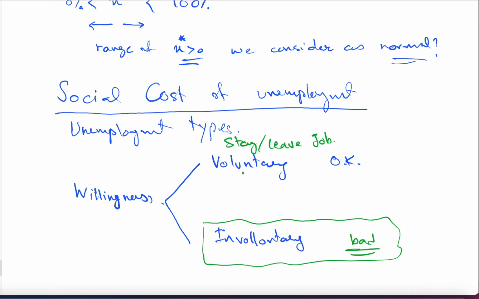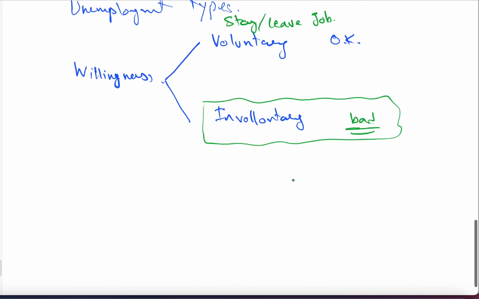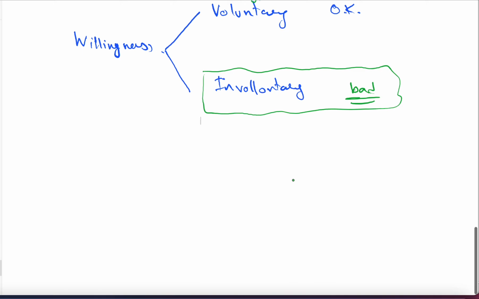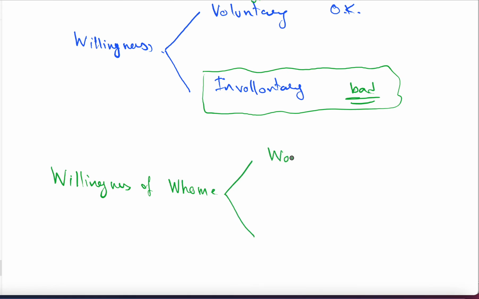And in terms of this voluntary, we should ask: willingness of whom? Are they the workers or employees, or the companies or the employers?